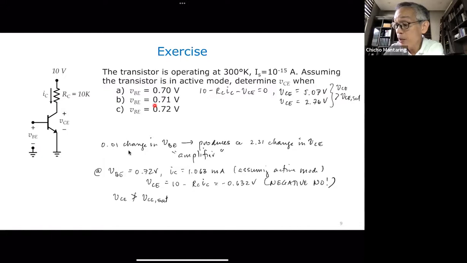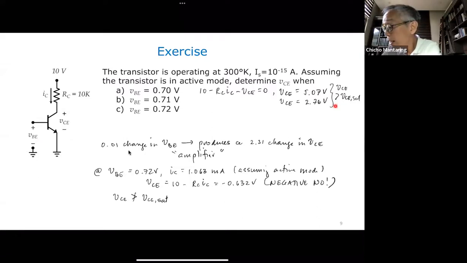Because our base emitter voltages are positive. In fact, it is in all cases greater than the cut-in voltage of the base emitter diode. So most likely the base emitter diode is conducting. So your base emitter we know is forward biased.